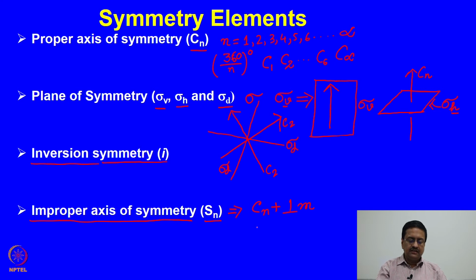That means, if you have a C2 and a sigma H in the molecule, then you should have the S2 axis. So, like that, if you rotate the molecule by 120 degrees and do a mirror plane, you get the mirror image. So, by doing that, if you get the same molecule, then you say that it has an Sn axis.